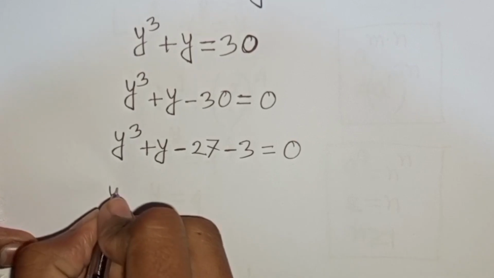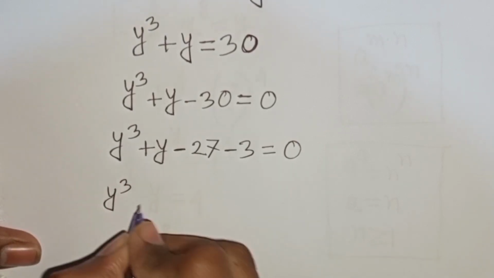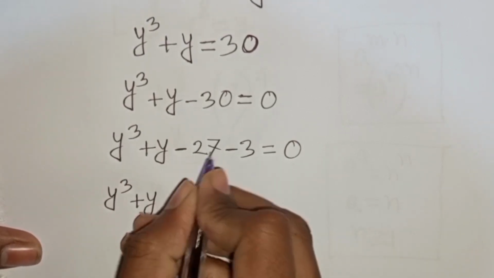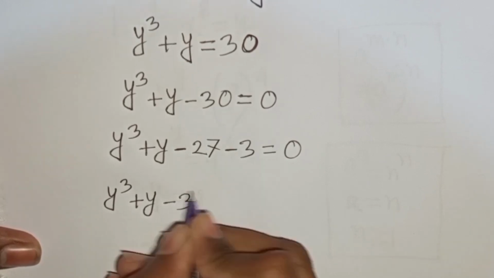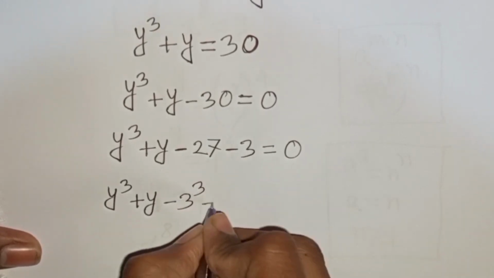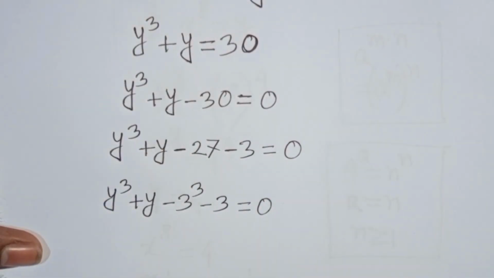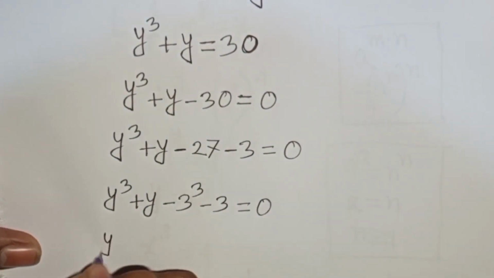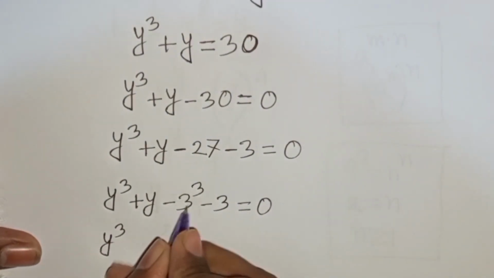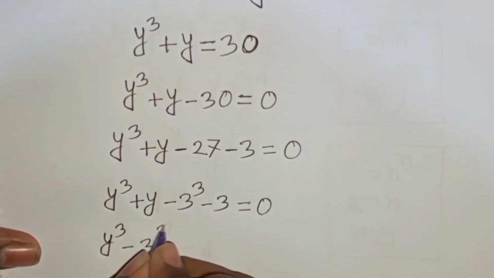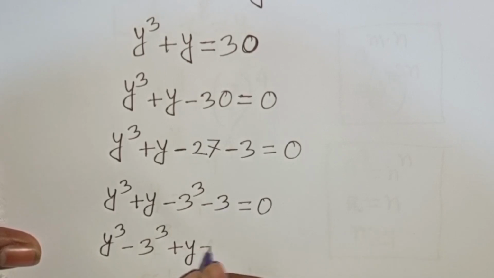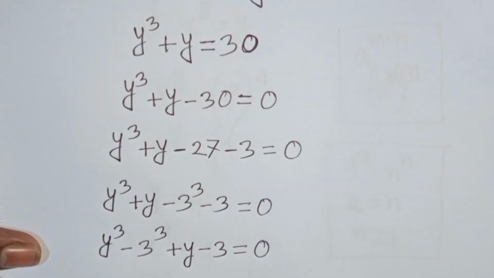Now we have y cube plus y, then minus 27 is the same as minus 3 cube, then minus 3 is equal to 0. Now we have y cube minus 3 cube plus y minus 3 is equal to 0.